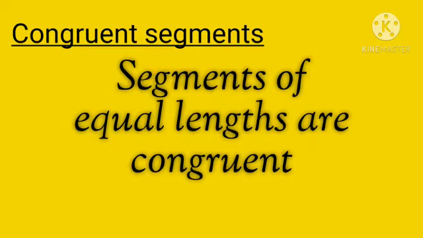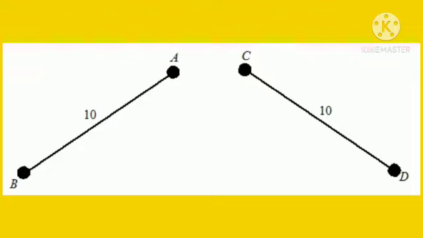Now, congruent segments. Segments of equal length are congruent. In the given figure, both the segments are of the same length, that is 10 centimeters, and hence they are congruent segments.